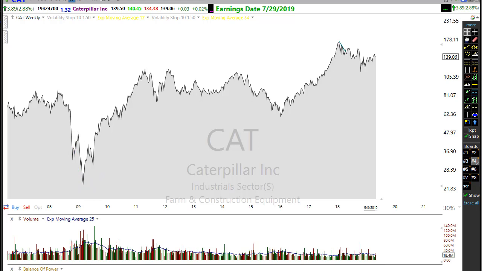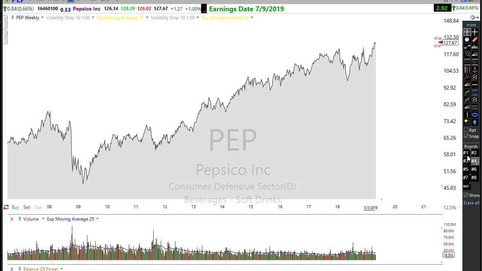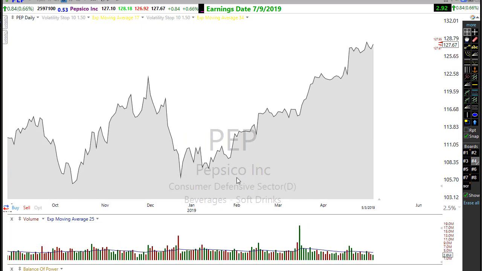That area chart really highlights them. Makes them easier to identify. You know, if we go back and we look at that chart in PEP on a daily, can you see the head and shoulders pattern there? Pretty clearly.